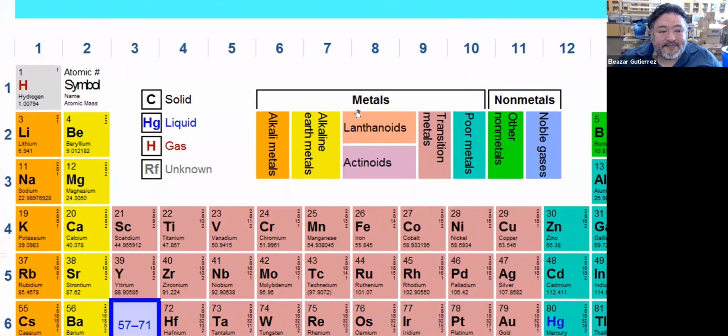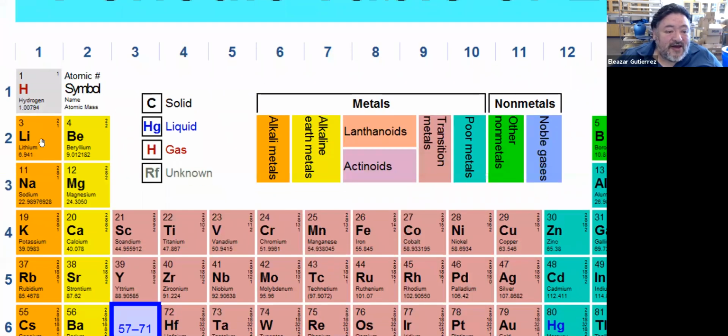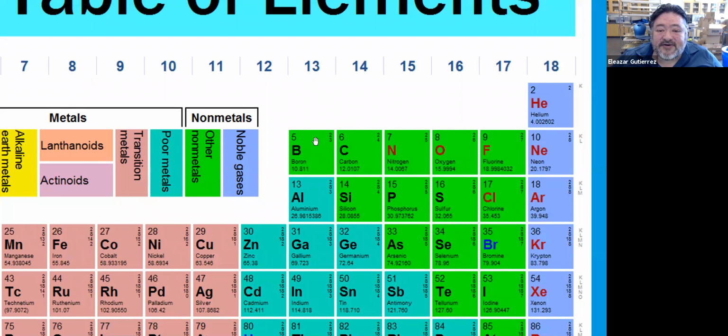Check this out. 1 valence electron, 2 valence electrons. 1 valence electron, 2 valence electrons, 3 valence electrons. Anybody care to guess what the next one is going to be? 4, 5, 6, 7, 8 valence electrons.